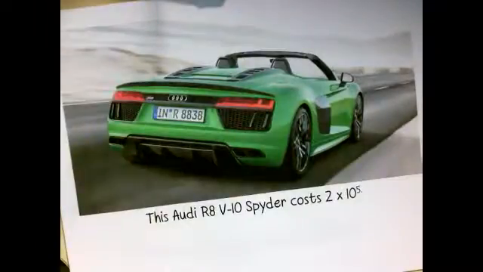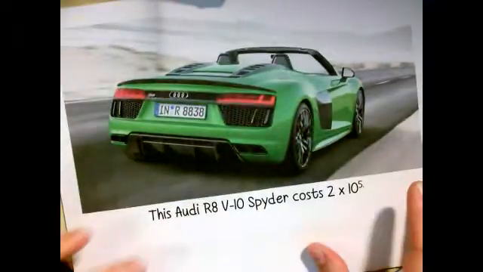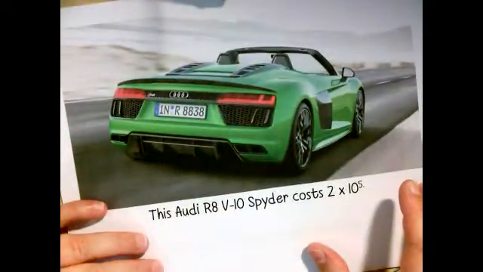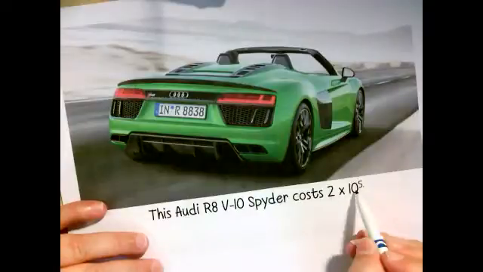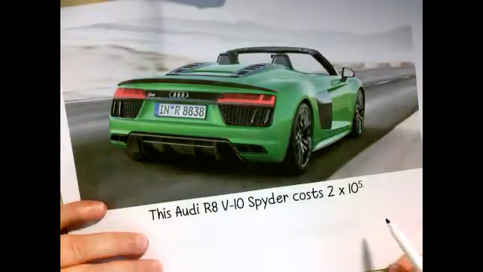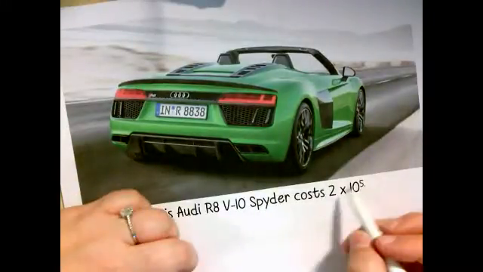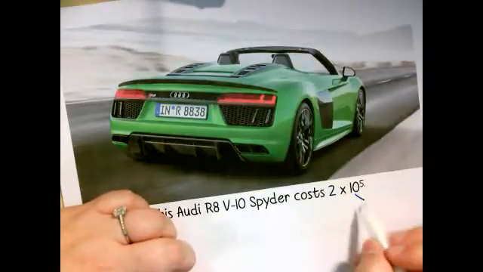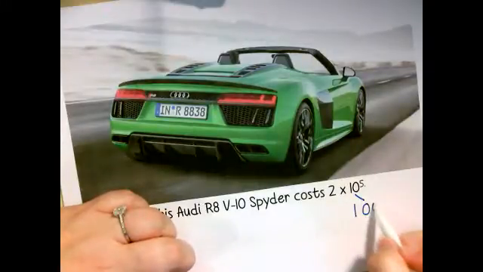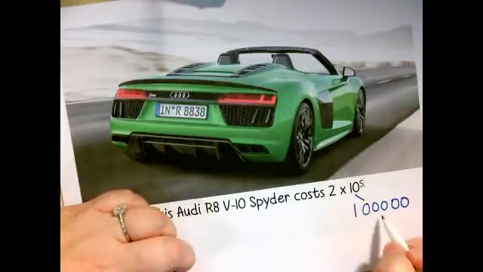Okay, here's one more car before we move on. This one is 2 times 10 to the 5th. So looking at this one, 10 to the 5th is going to be a 1, and then I have 5 zeros. So that's $100,000.